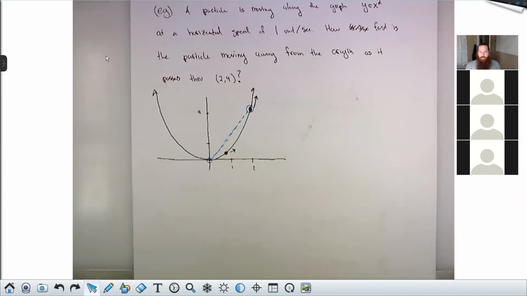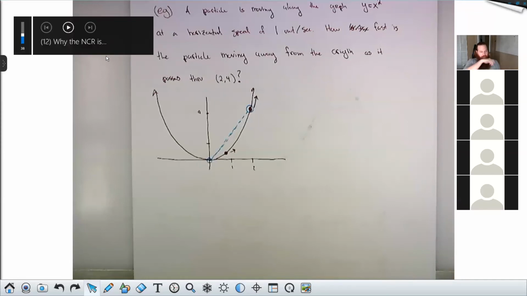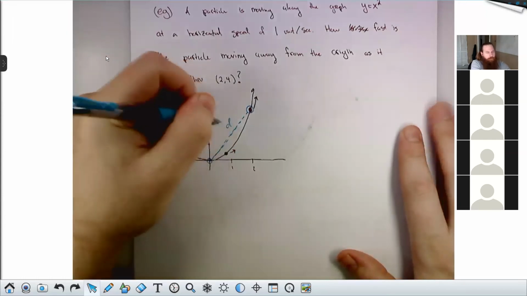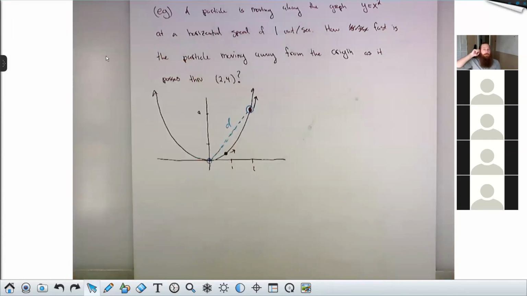Again, here I have to invent at least one variable. The position of the particle on the graph I can call x comma y. What don't I have a variable for here that I need a variable for? The distance from the origin. Yeah, the distance. So let's call that distance d.